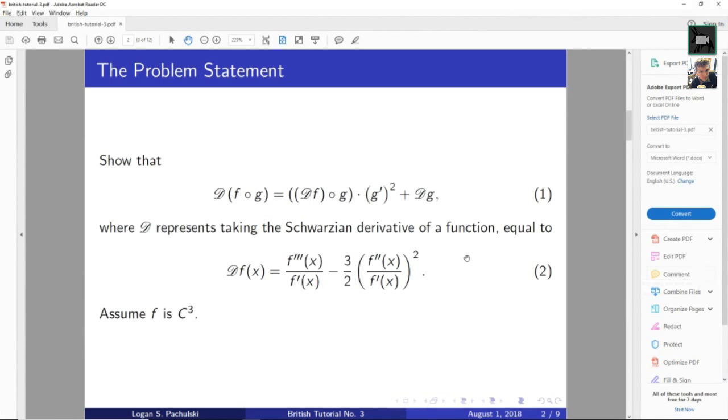Saying former and latter, it'll work for now. And we can see here the definition of the Schwarzian derivative. Let that sink in. Shall I continue? Yeah, good for me. All right.